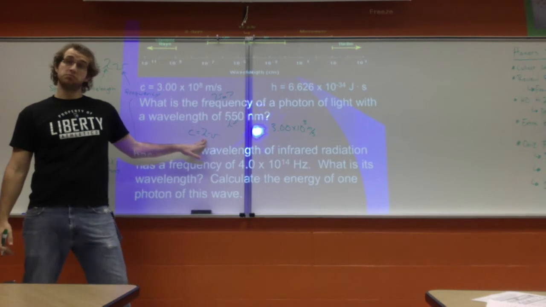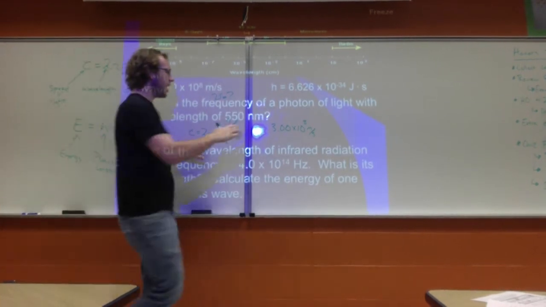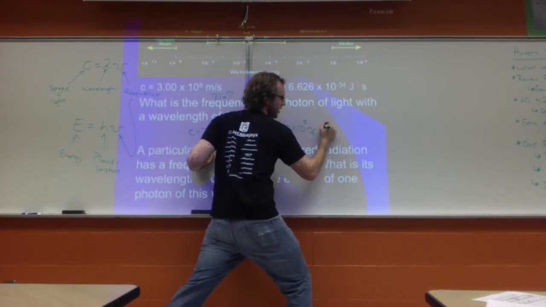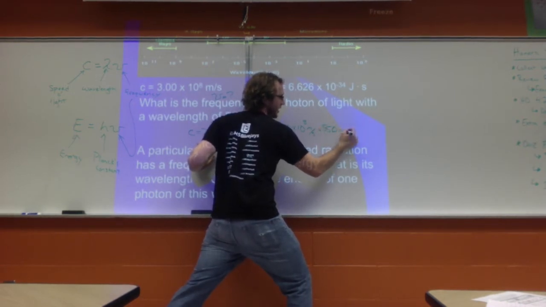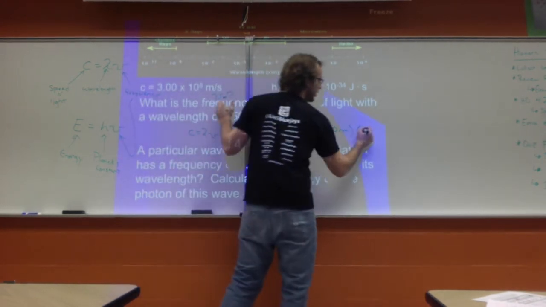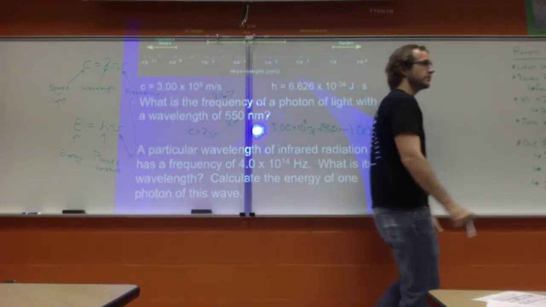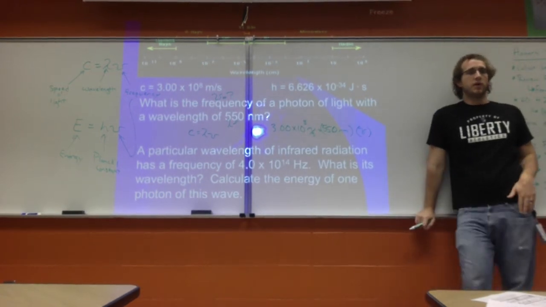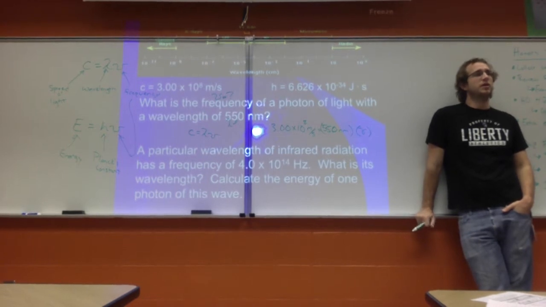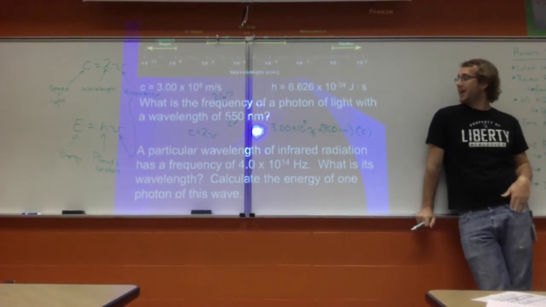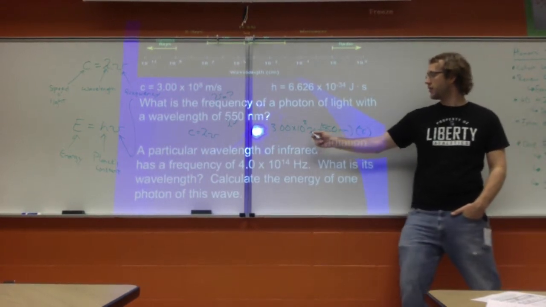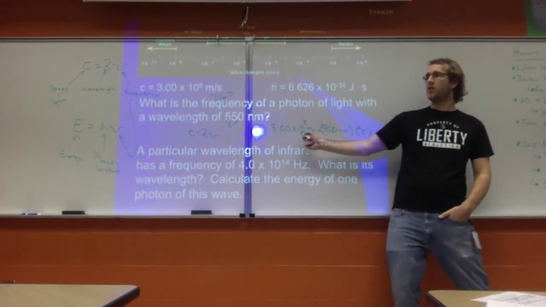Lambda. Do we know lambda? From our question, we know the wavelength of this particular wave is 550 nanometers. And we're trying to solve for the frequency. Now, we know we have to divide, because right now we have a variable times a number. But what's wrong with our number here? The units don't match up.